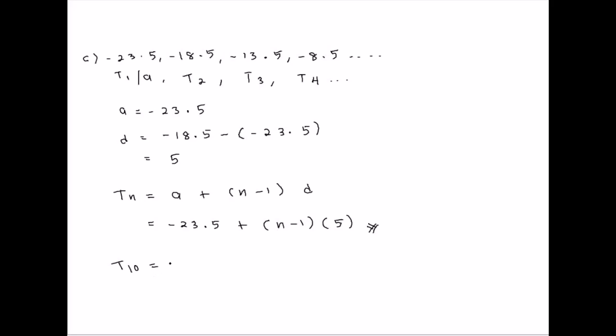So to find T10, let's use this formula, A plus (n minus 1)D. So negative 23.5 plus (n minus 1) times 5. The original formula is Tn. Because we want to find T10, n will equal 10.